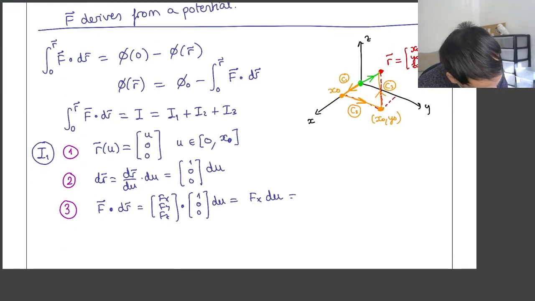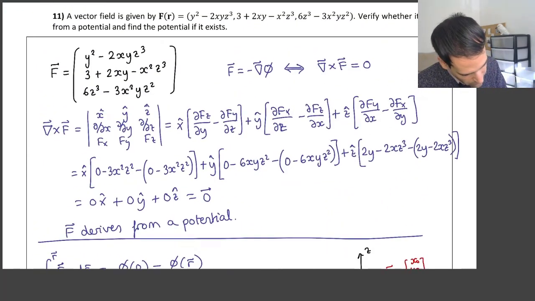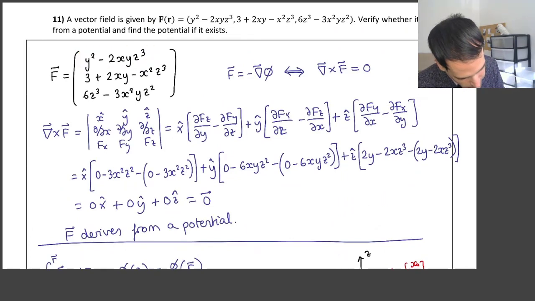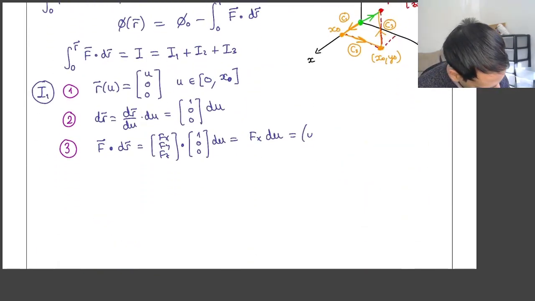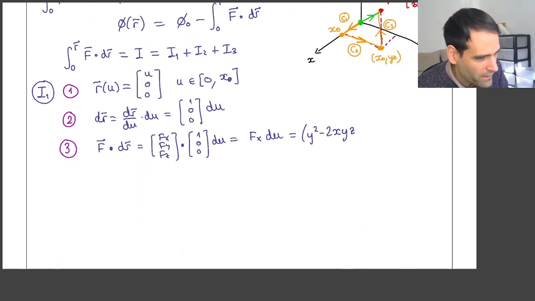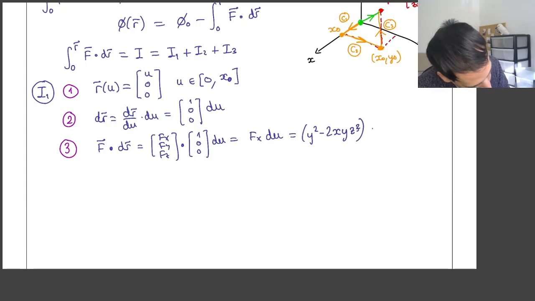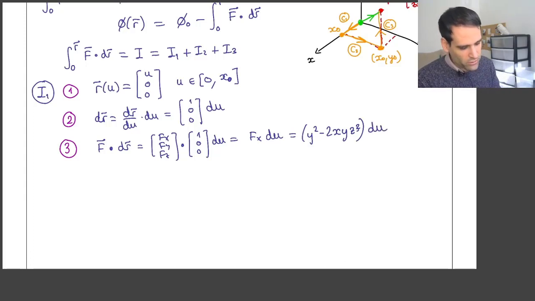But we still have to substitute f of x at the curve. So fx is this expression here, y squared minus 2xyz squared, times du. But we still need to substitute x, y, and z by their values.